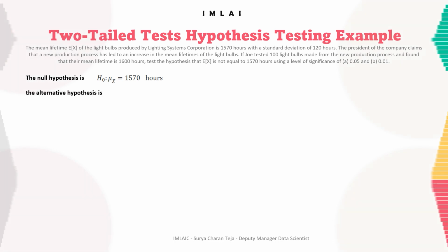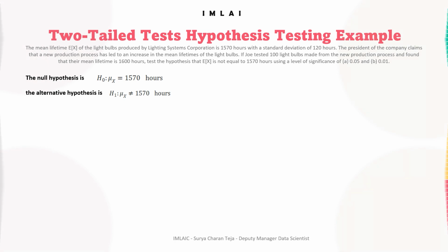The alternate hypothesis H1 is mu sub x is not equal to 1570 hours. That is the reason we call this a two-tailed test.